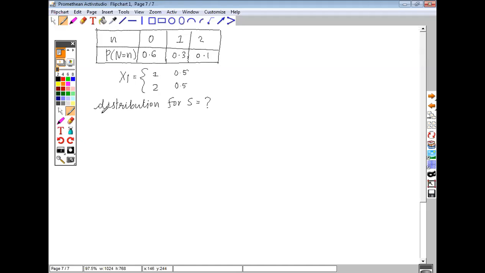How do you guys think I can figure out my distribution of S? What should be the very first thing that we should do if I want to figure out the distribution for S? Anyone?